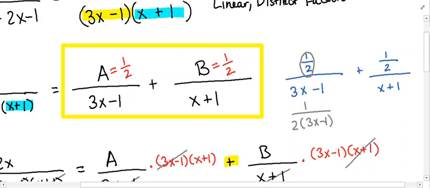Reason being, if you did this as 1/2 over 3x minus 1 over 1, you would have to leave the 1/2 alone, flip the bottom fraction, and then multiply across the top and across the bottom. So this 1/2 over 3x minus 1 is going to be the same thing as 1 over 2 times the entire quantity 3x minus 1.